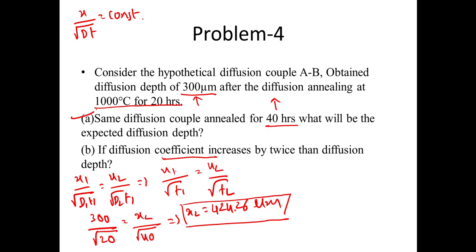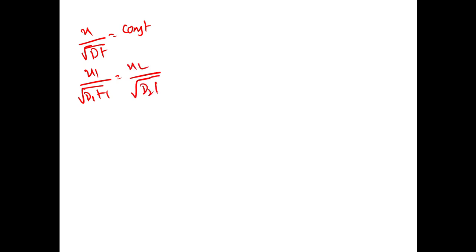Next is, if we increase the diffusion coefficient value twice, what will be the diffusion depth? I'll write the equation one more time. x by root Dt equals constant, x1 by root D1 t1 equal to x2 by root D2 t2.